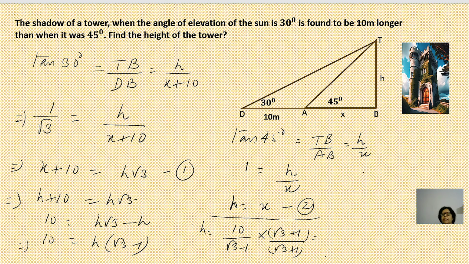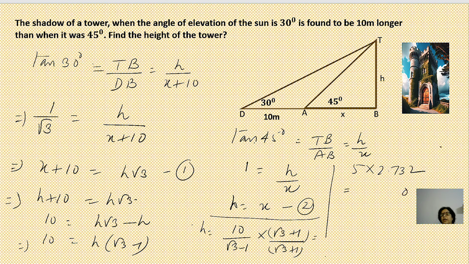So we ultimately get over here 5 into root 3 plus 1, that is 2.732 if we take it to 3 decimal places. So root 3 is 1.732 plus 1 is 2.732.